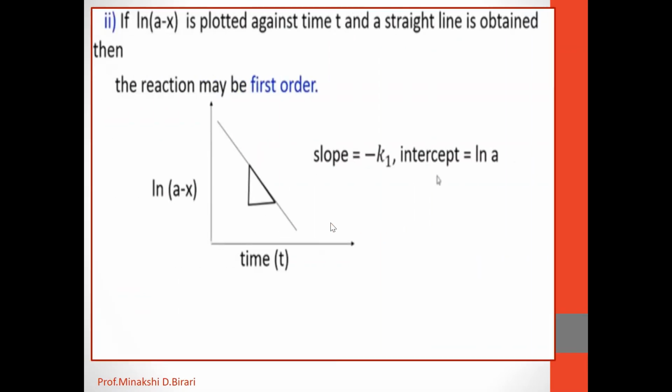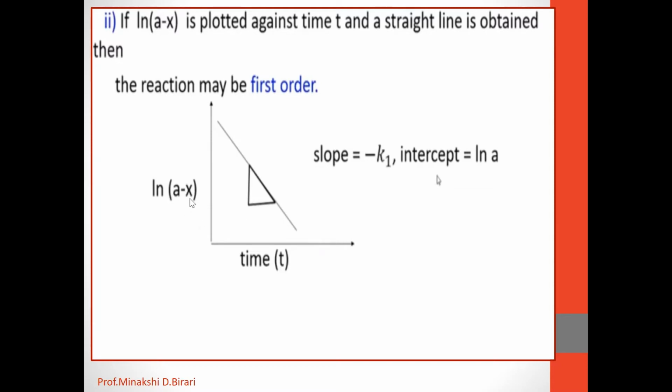Then if ln(a − x) is plotted against time t, we get a straight line, but this straight line does not pass through the origin. Here the straight line has a negative slope.